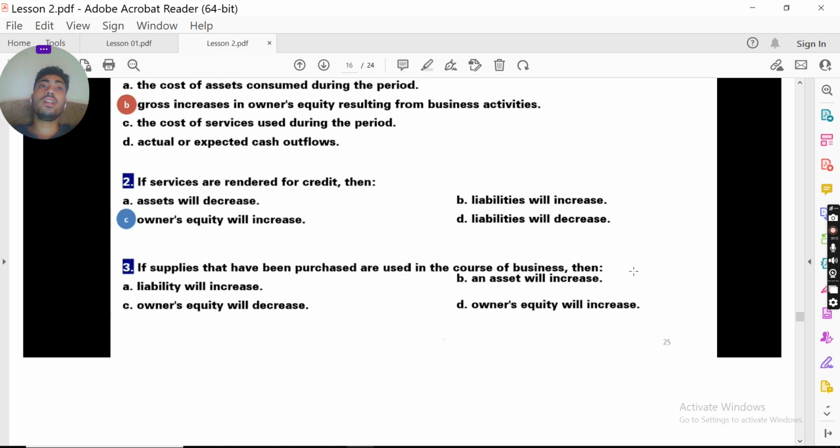Okay, let's get reminded about the expenses. What will happen if expenses increase? If the expenses increase, that means the assets will decrease, and thus the owner's equity will decrease. Right, that's right. So I will choose owner's equity will decrease.